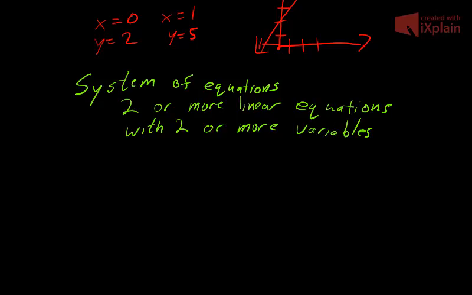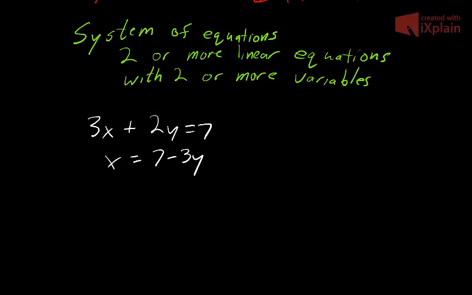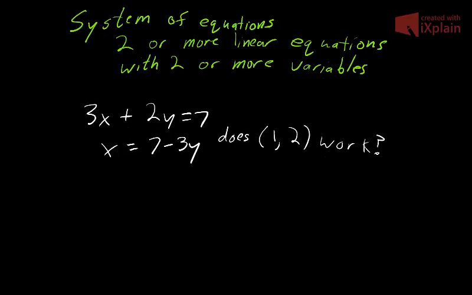So if we have 3x plus 2y equals 7, and x equals 7 minus 3y, I want to see if (1, 2) works. So does (1, 2) work is my question. Looking at this, all you'd have to do is plug these numbers in and see if it works for both my equations.